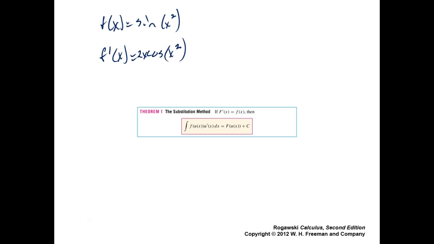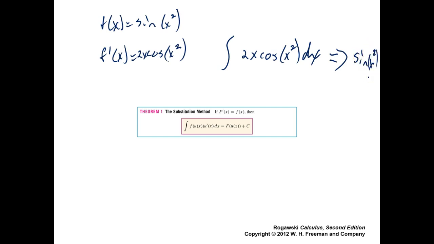Now, what that tells us from the fundamental theorem of calculus, if you were taking the integral of 2x cosine x squared dx, you should wind up with what you started with, sine of x squared.